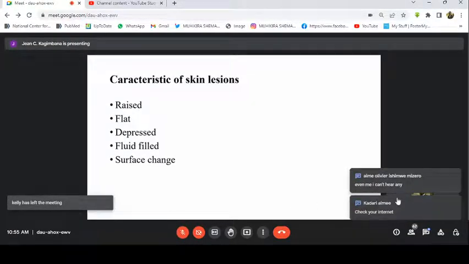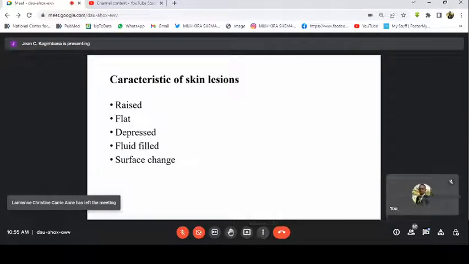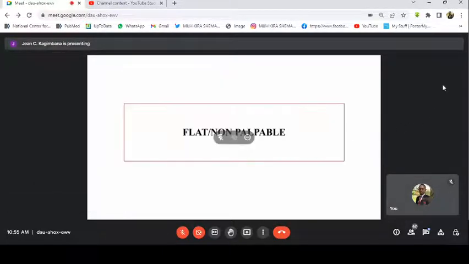Or to step up. Okay. In this condition, it's known that you have to rule out internal malignancy, like ovary, for example, or the colon. Okay.